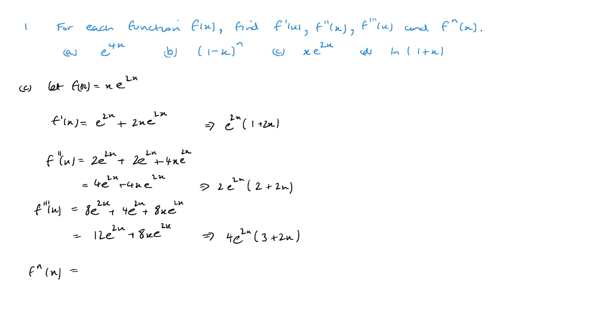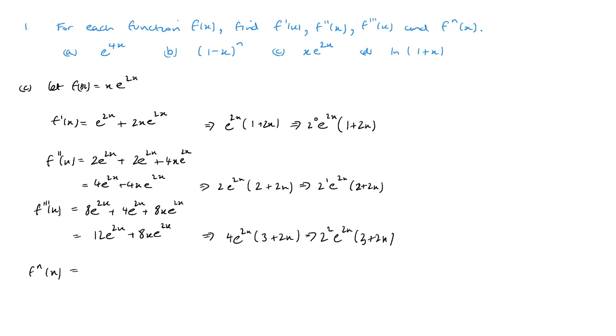So this could be 2 to the power 0 e to the 2x, and then this 1 will be my n, and because this is then 2 to the power 1 e to the 2x, 2 plus 2x, and this is 2 to the power 2 e to the 2x, 3 plus 2x.